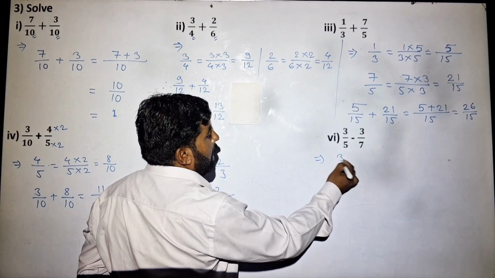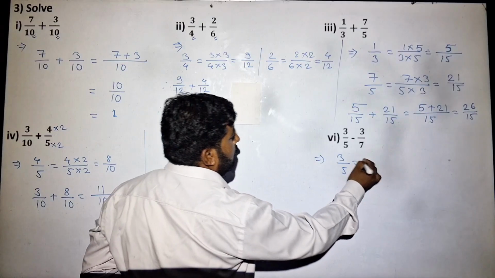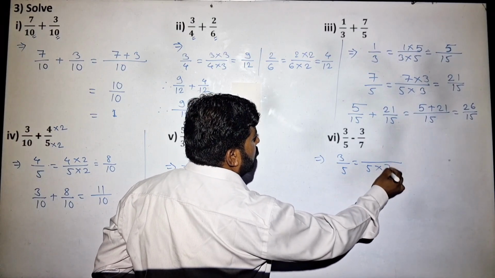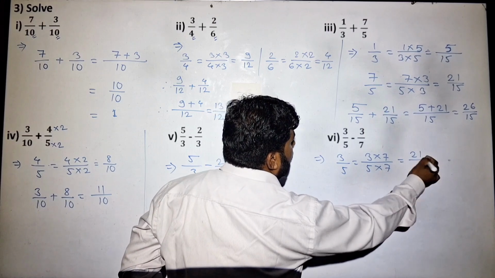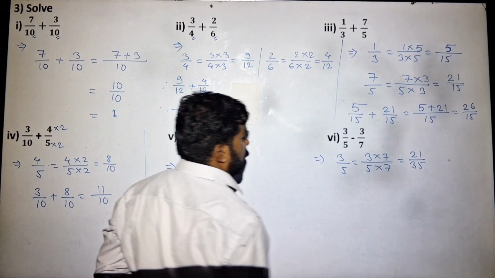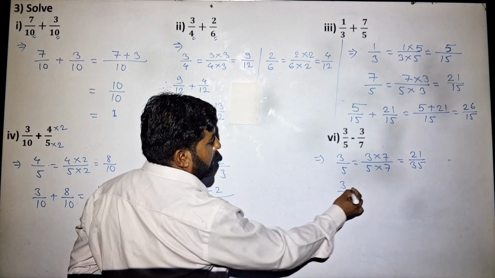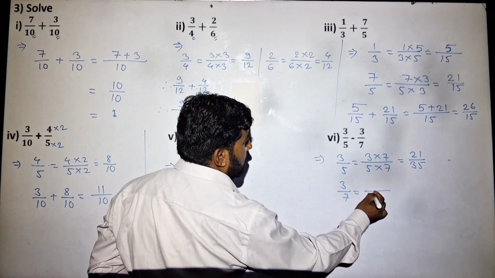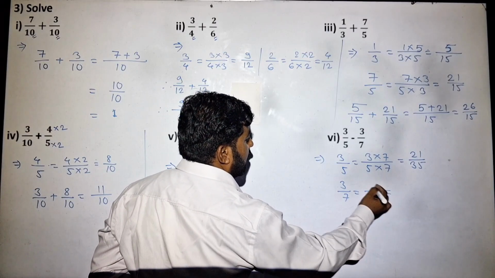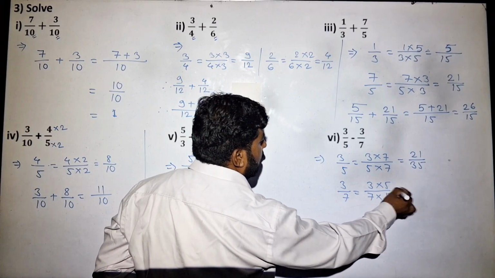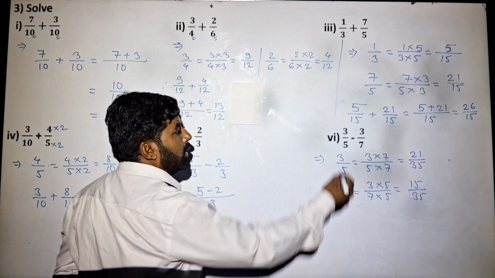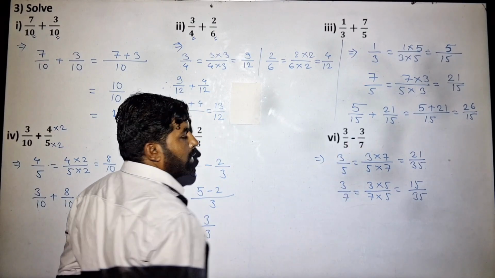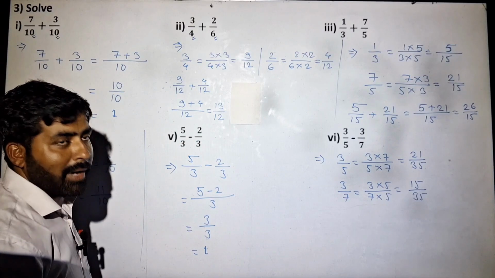Yes, 3 by 5 is written as 5 into 7, 3 into 7, which is equal to 21 by 35. 3 by 7 is equal to 7 into 5, and 3 into 5, which is equal to 15, 7 5s are 35. Here the sign is not add, we subtract both.